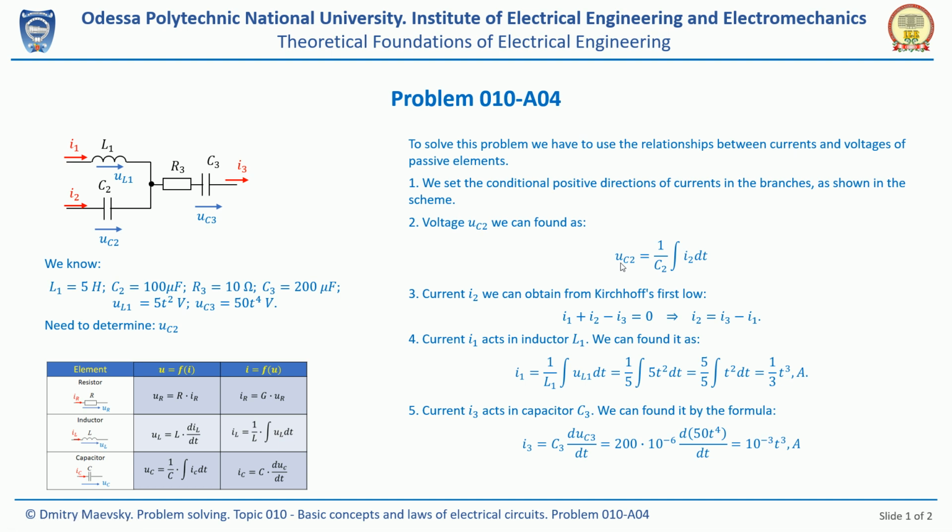Current I2 we can obtain from Kirchhoff's first law. For this node, we can write that I1 plus I2 plus sign and I3 minus sign.